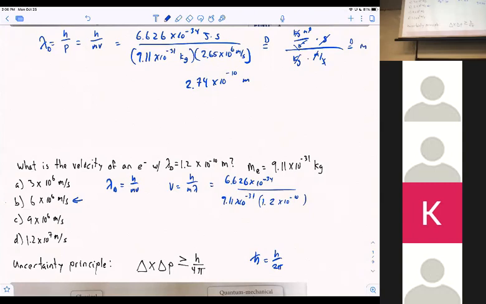Yeah, and you can insert the negative sign. 31. Negative 10.